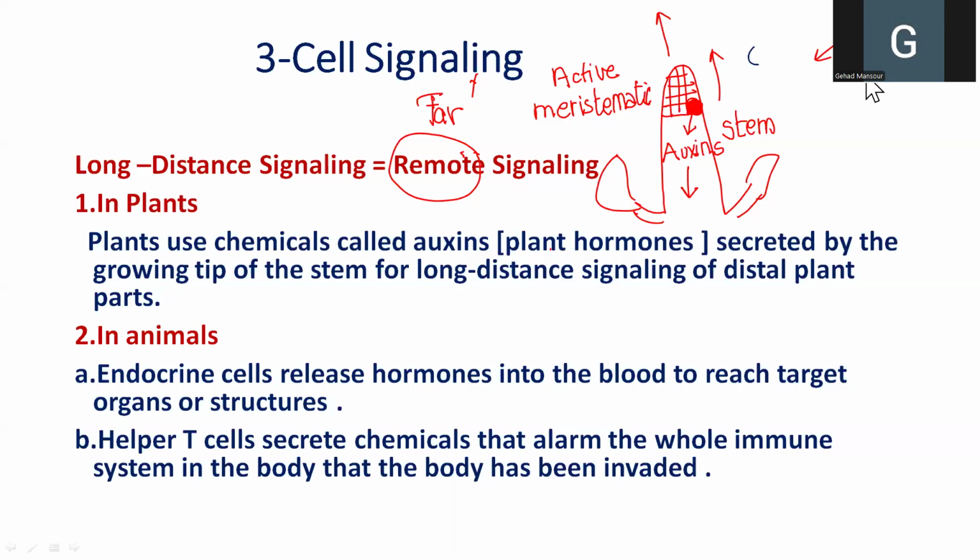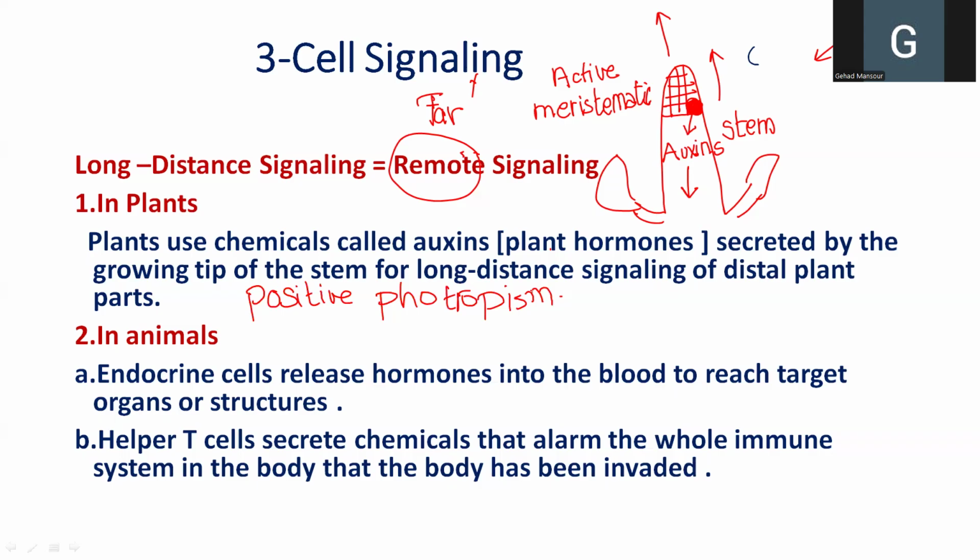This movement of the stem of the plant towards light is what we call positive phototropism, and auxins are responsible for this positive phototropism of the plant, and it helps, of course, the plant to benefit the maximum from the light intensity to which it is exposed. In animals, we have a famous example of remote cell signaling.